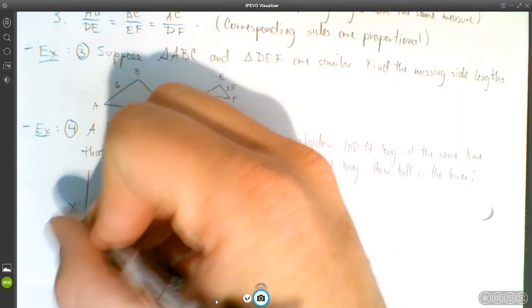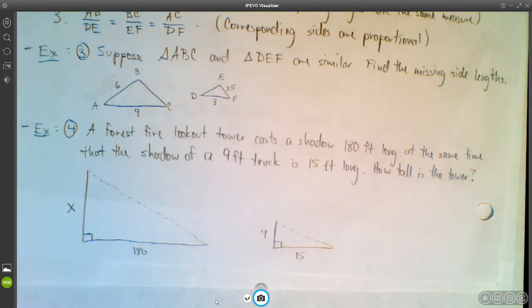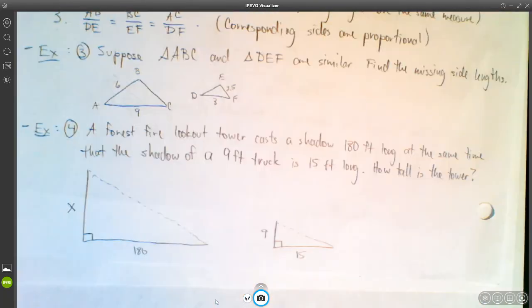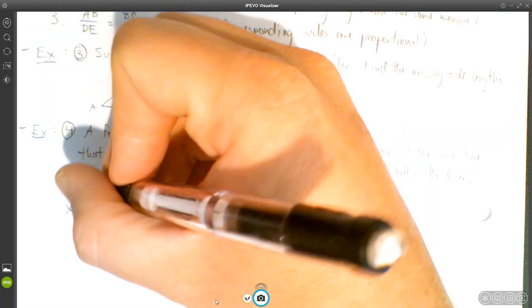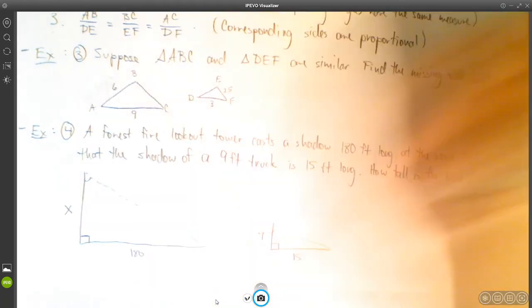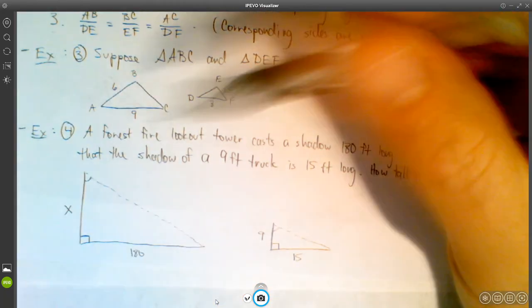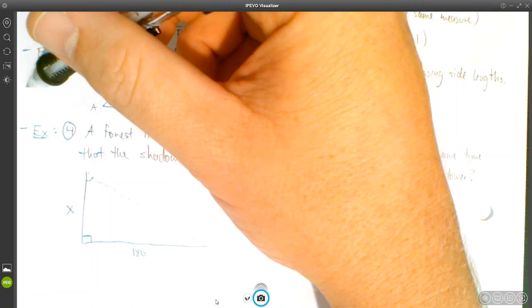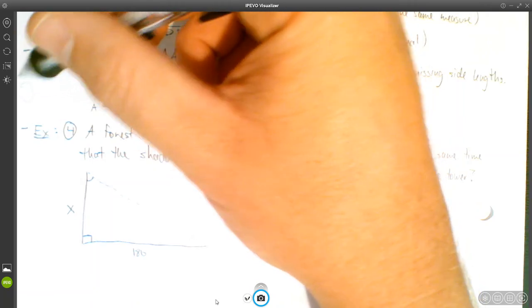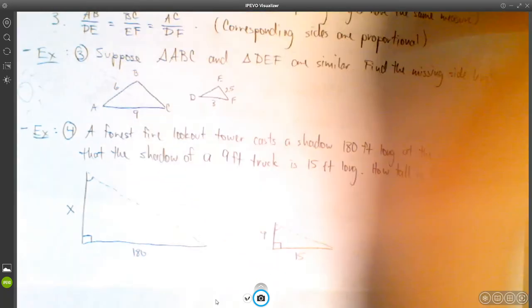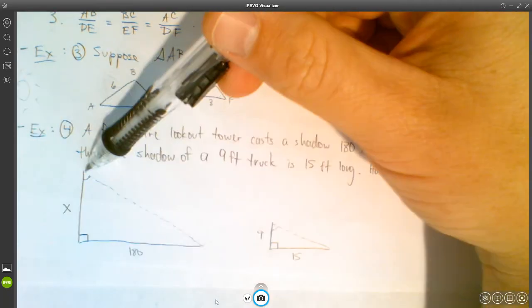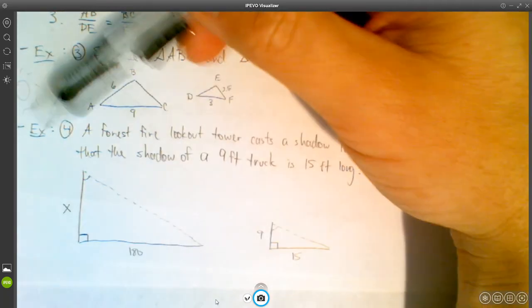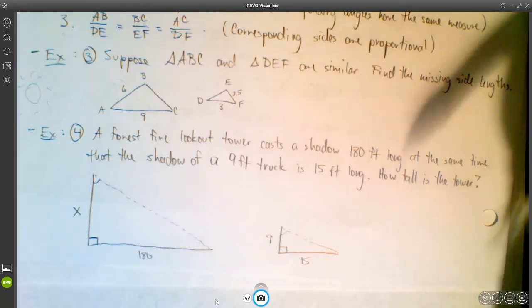So what's this length here? And clearly, these angles are going to be the same, right? So this angle and this angle are going to be the same because the sun is in the same location. It's the same time of day. So maybe the sun is out here somewhere, right? So it's the same time of day, which means that the sun rays are coming down at the same angle on both of these things.